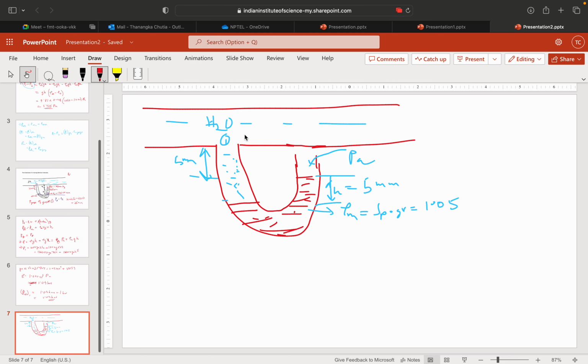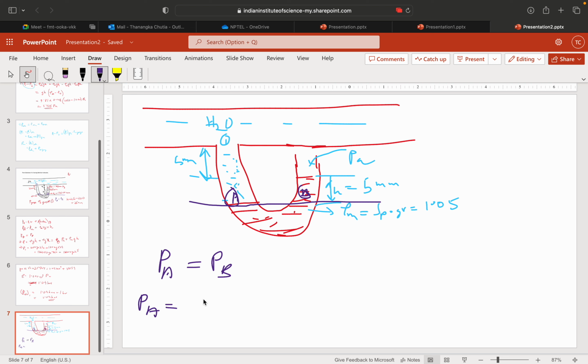Since this is water, we will do the datum again. This is the datum, this is point A, and say this is point B. Pressure at A will be equal to pressure at B according to the hydrostatic paradox. Now what is pressure at A?